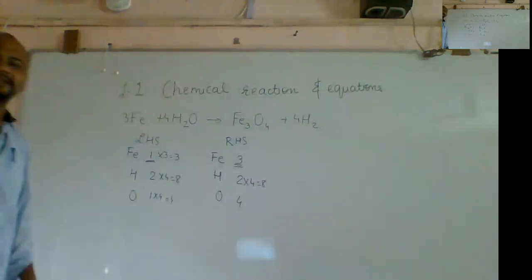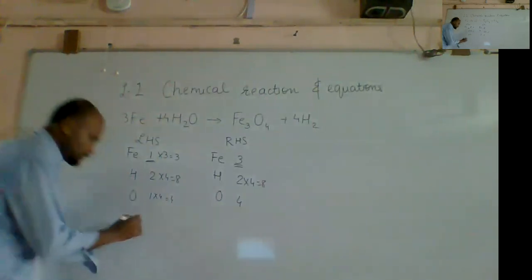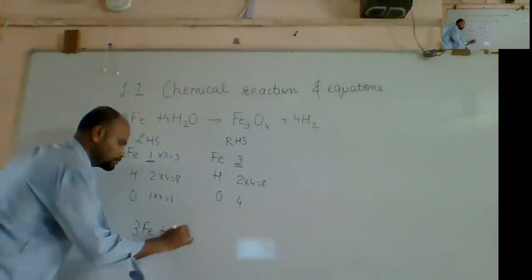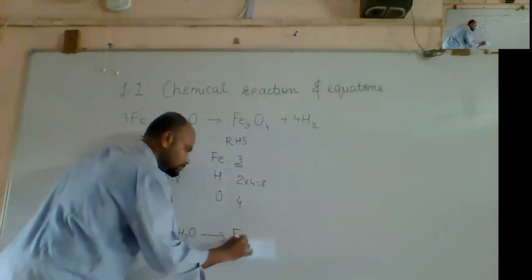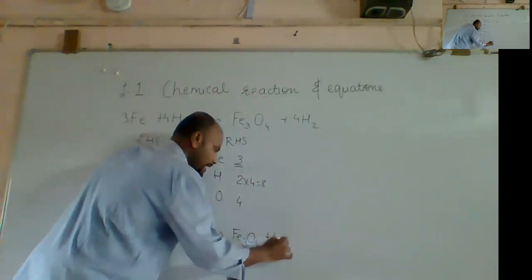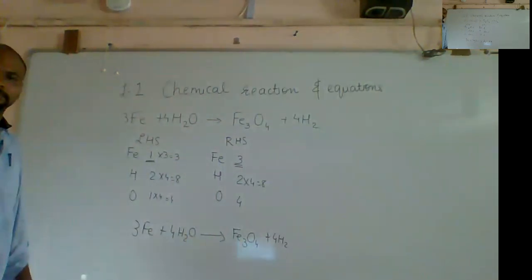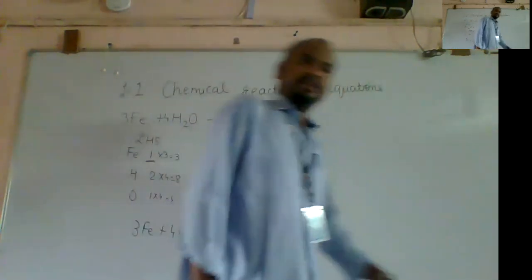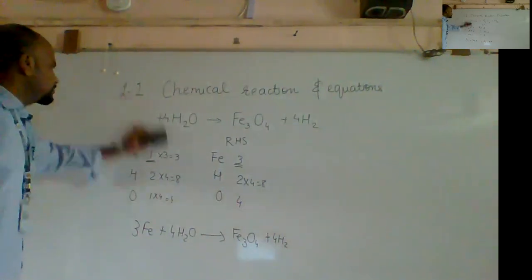So here you get a complete balanced equation of iron that reacts with water. That is 3Fe plus 4H2O gives you Fe3O4 plus 4H2. So taking the third activity, the activity deals with the reaction of silver nitrate with that of sodium chloride.